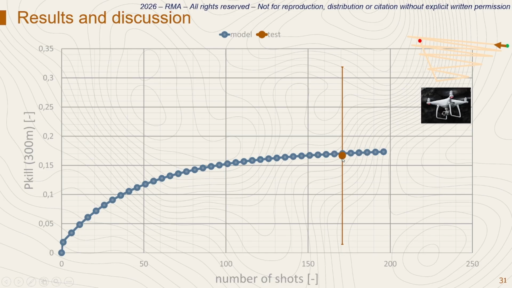The orange dot is our experimental result here, approximately a combined 170 shots. And what you notice is that on average the numerical results and experimental results align quite well.